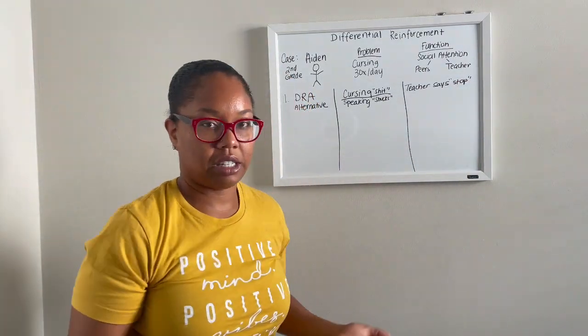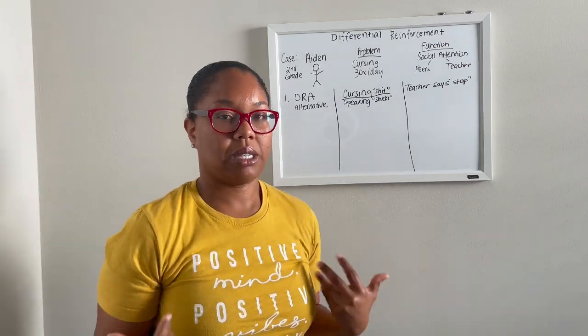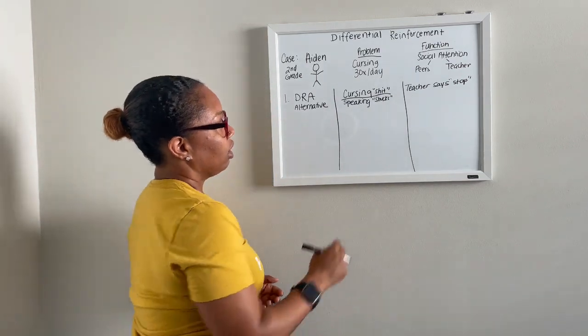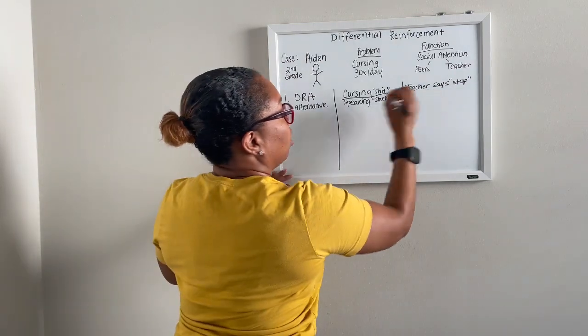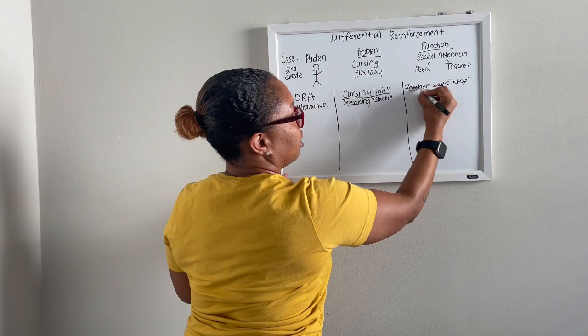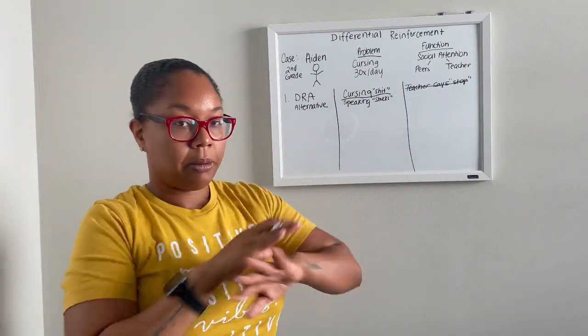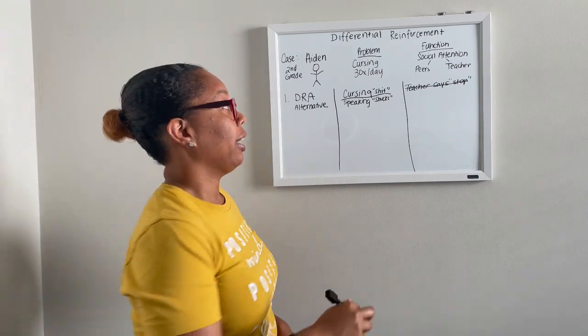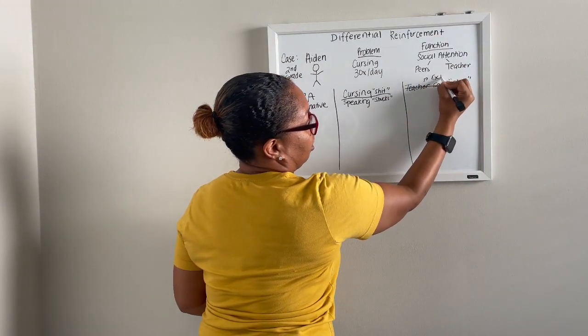And he still gets attention from it because he's smiling or smirking, or it just makes him feel good. Instead of the teacher saying stop, when he says shit, she's not going to say anything. No attention, minimizing, taking it away. And by doing that, we're going to call that extinction.